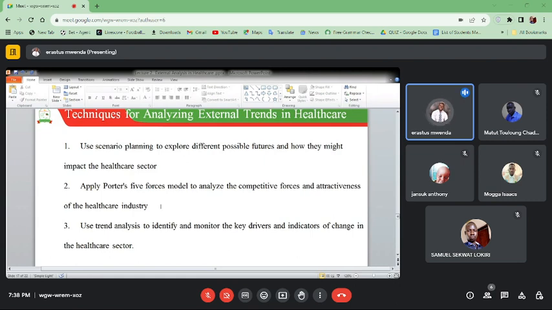And also, we could use the Porter's 5-force model to analyze the competitive forces and their attractiveness. We are going to discuss that in one of the slides. And also, we are going to use what we call trend analysis. In this one, we will use it to identify and monitor key drivers of health and some of the indicators of change in the health sector.